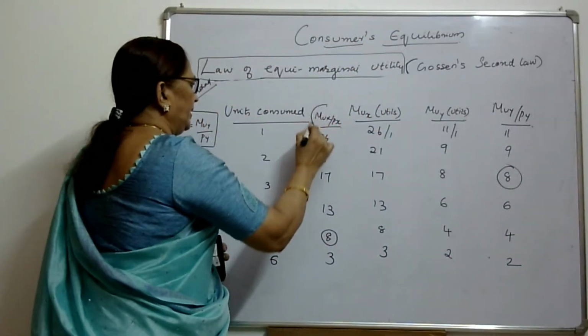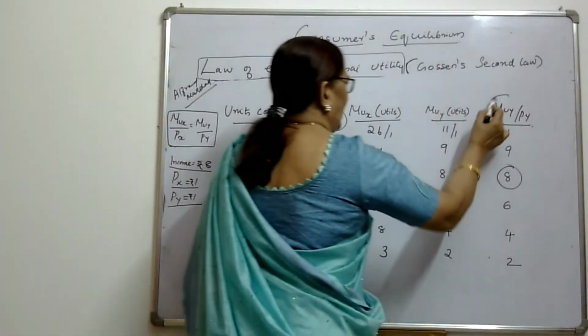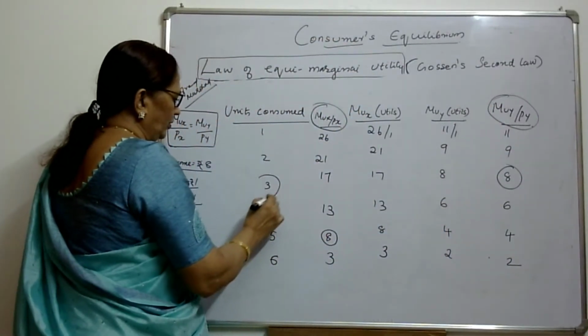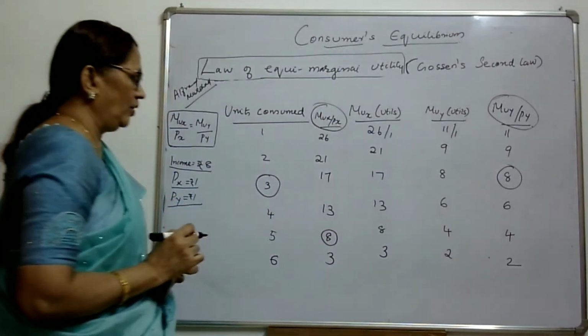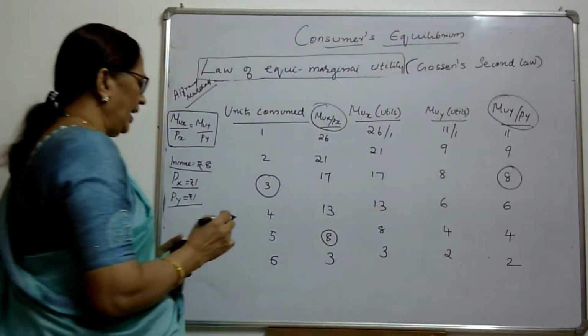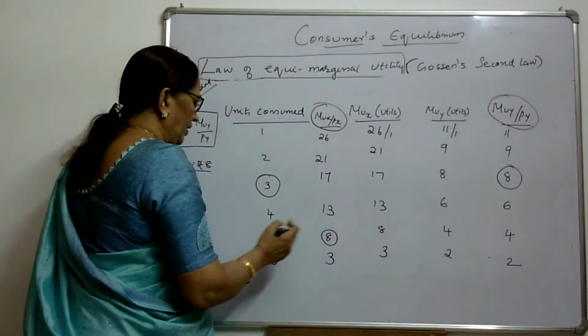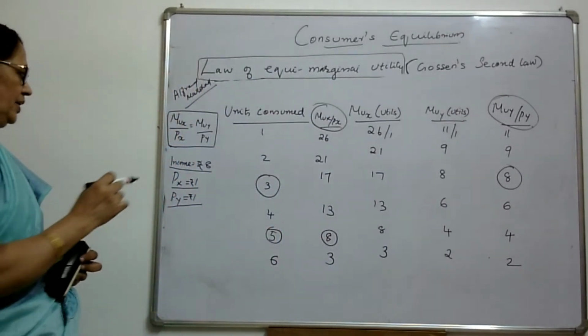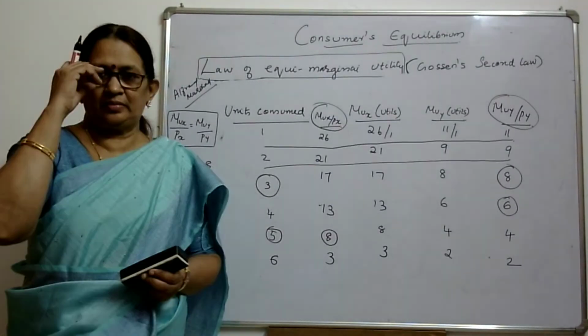MUx by Px is equal to MUy by Py when the consumer consumes 3 units of commodity Y and 5 units of commodity X, and it is equal to the income of 8 rupees.